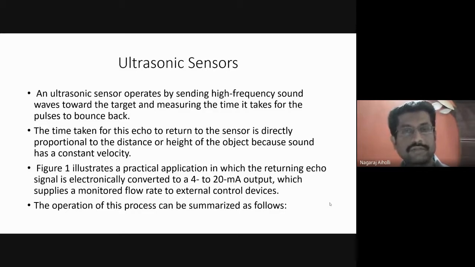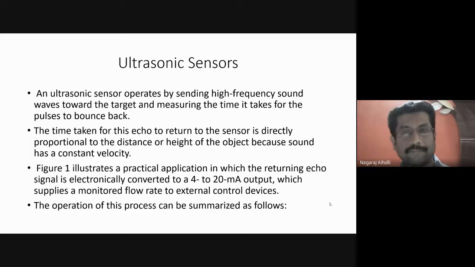If the velocity of the received signal is the same as that of the transmitted signal, that means there is no object present. The time taken is very less as compared to when the object is present, because when the object is present, the signal has to strike the object, there is some absorption of the ultrasonic energy, and then it returns back to the transmitter.